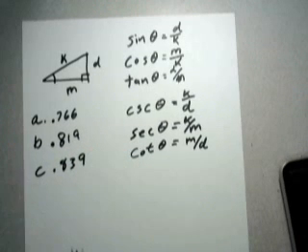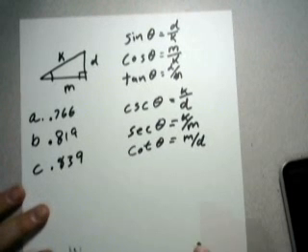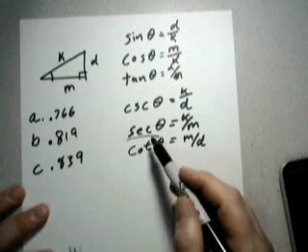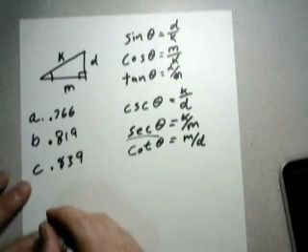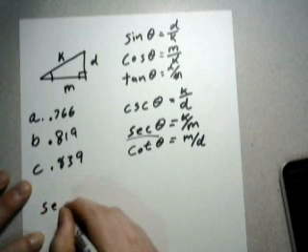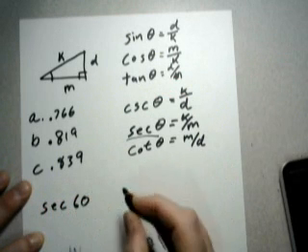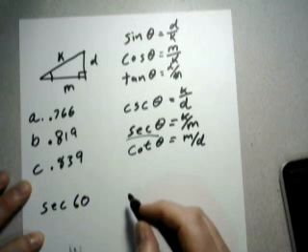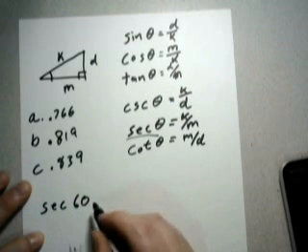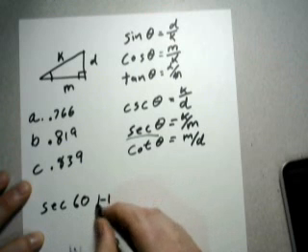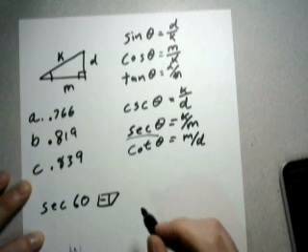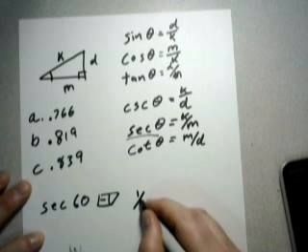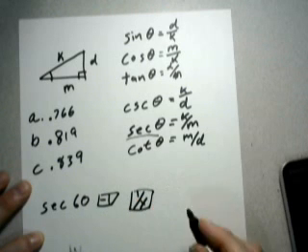And then for D, we've got secant of 60. Okay, secant right there. Secant is the inverse of cosine. So if I said secant of 60, there's a couple of different ways you can put this. In your calculator, you can write it like that and then hit the inverse button. Now your inverse button is going to look something like that, or it might look like that right there.